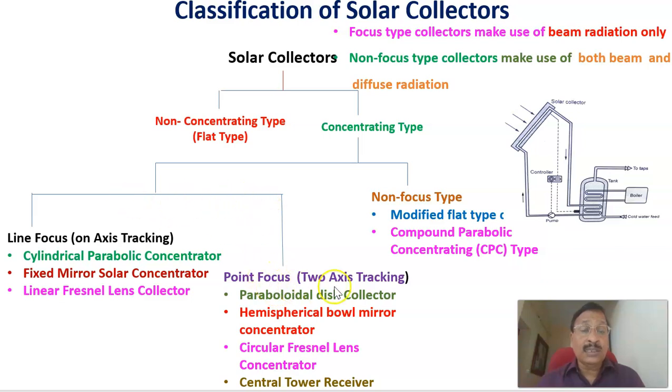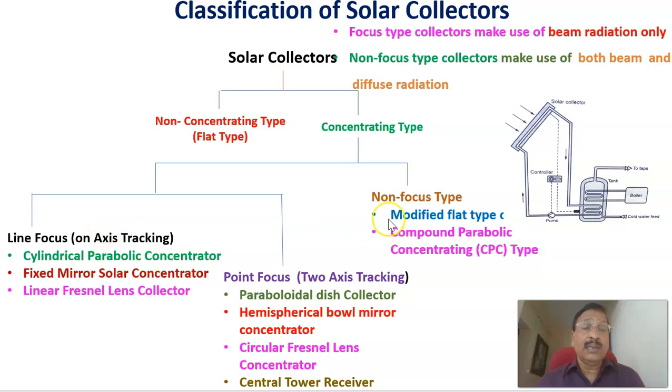And the point focus collector, which allows two axis tracking, includes the paraboloidal dish collector, hemispherical bowl mirror concentrator, circular Fresnel lens concentrator, and central tower receiver. Therefore, these are the types of point focusing collector, and this is a line type of focusing collector.